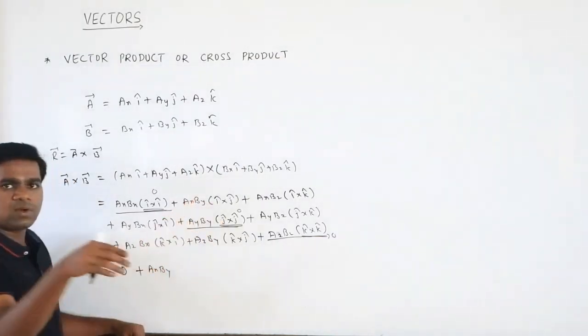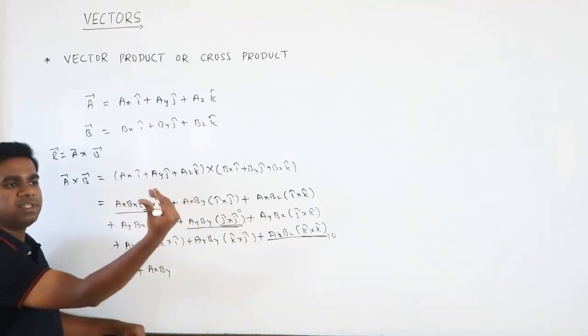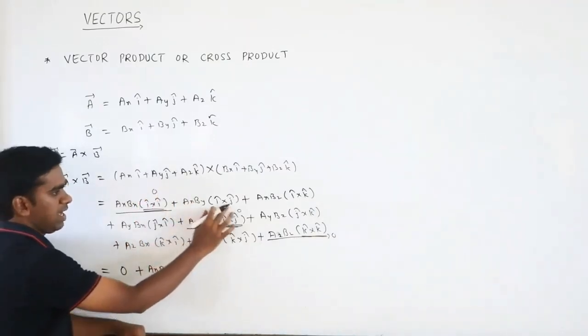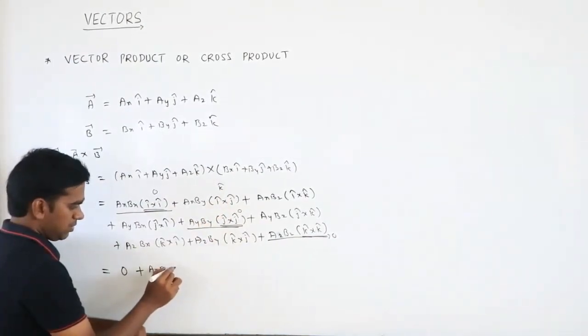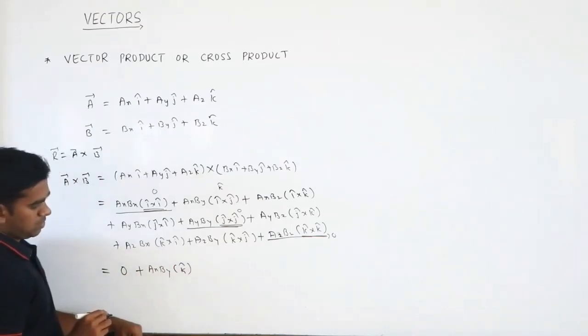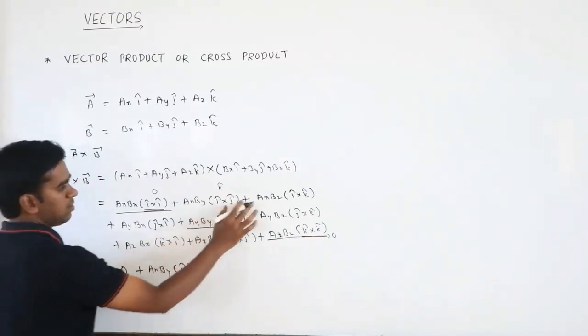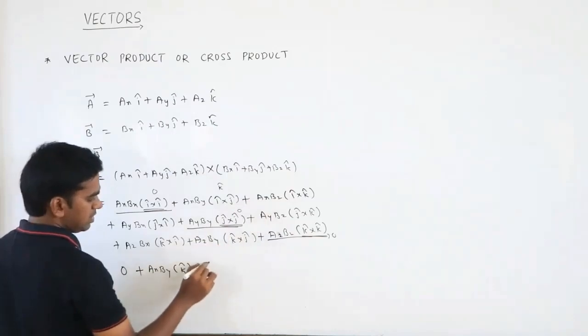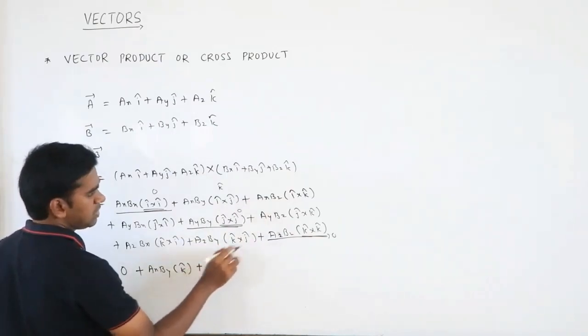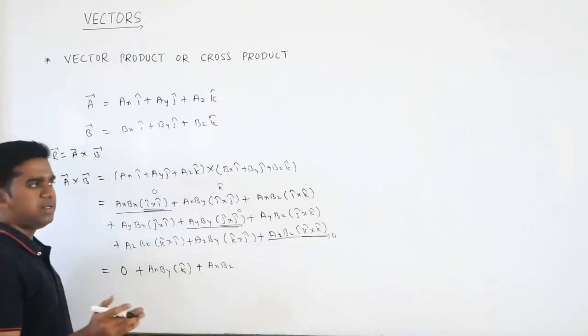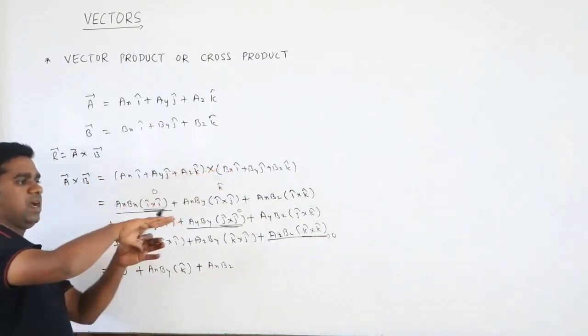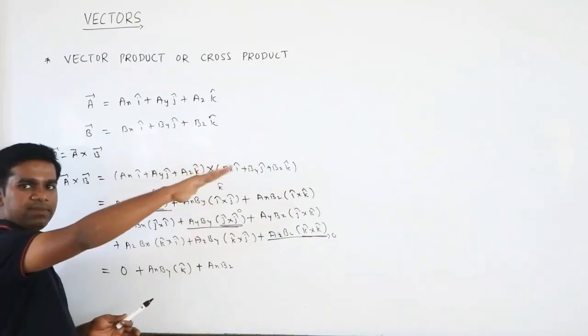What is I cross J? I cross J is nothing but K cap. So here we write K cap. Then plus Ax Bz as it is. I cross K means you have to move from I to K, it is coming in clockwise.